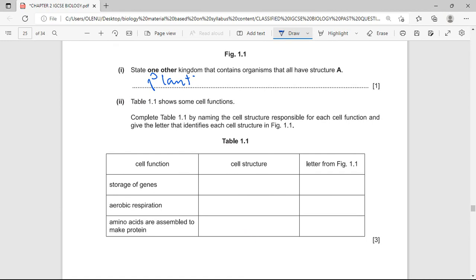Now they said table 1.1 shows some cell functions. Complete table 1.1 by naming the cell structure responsible for each cell function. Storage of genes, it's the nucleus. Aerobic respiration, mitochondrion.